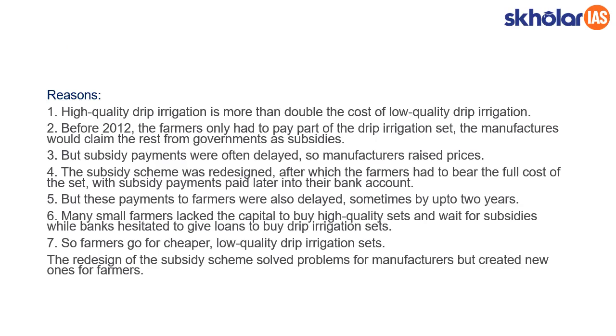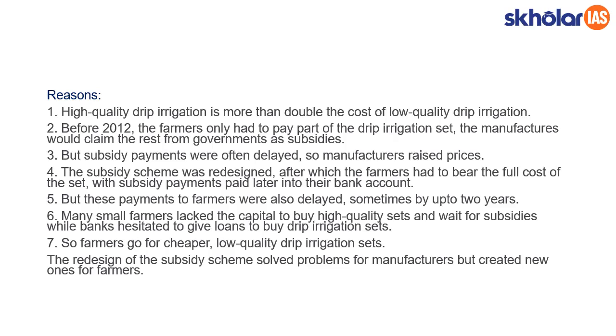So the question is why farmers are using low quality drip irrigation systems. Before 2012, farmers were getting good quality drip irrigation systems at low prices. This is because companies were given subsidies by the government to provide quality drip irrigation systems at a lower cost to the farmers. But after a few years, the subsidy being given to the companies was delayed.